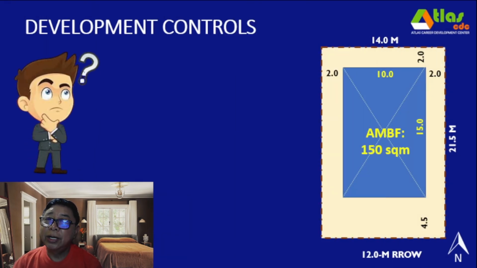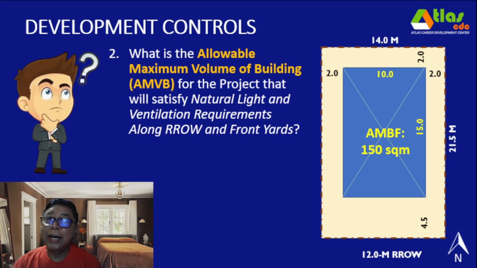Another way to compute for the AMVB is to compute it that will satisfy natural light and ventilation requirements along road right-of-way and front yards. So it means here that you are going to make use of the angular plane emanating from the center of the road.